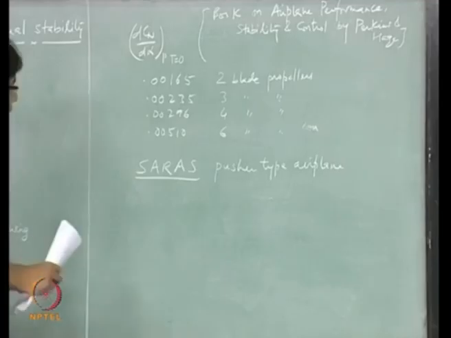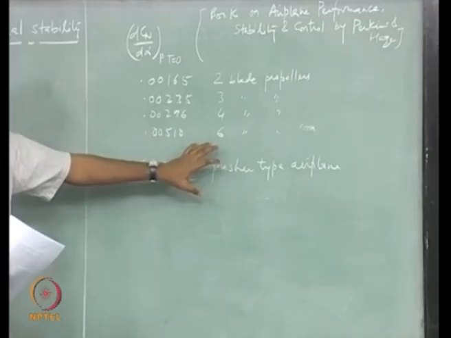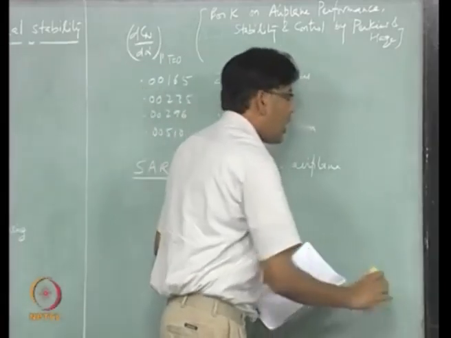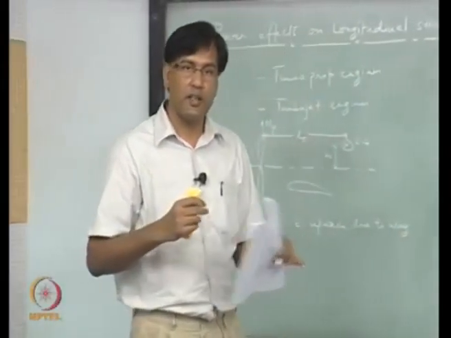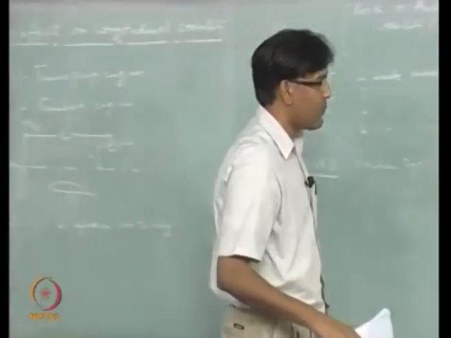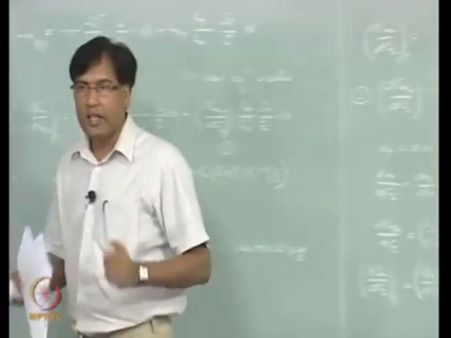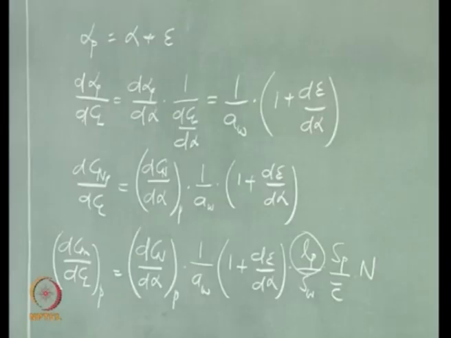So, this kind of arrangement of power plants on the airplane can change the stability characteristics, and it can change them to a large extent. It clearly depends upon what LP over C bar is, so it can have a large effect. This is the direct effect.